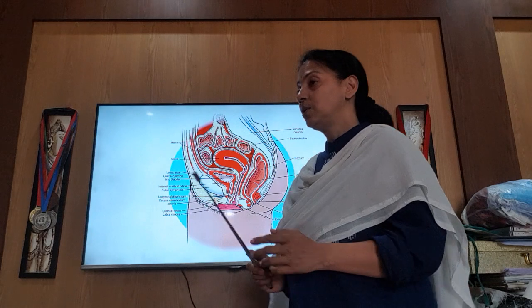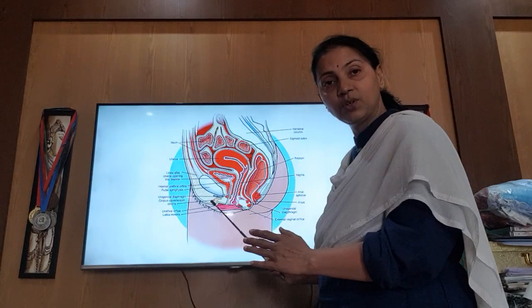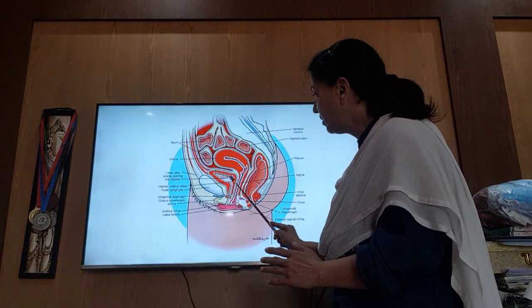Now you know that the vas deferens is carrying the sperms as well as seminal fluids, and also the secretions of the prostate gland, which is called prostatic fluid. So that has a different function, and the bladder has a different function.